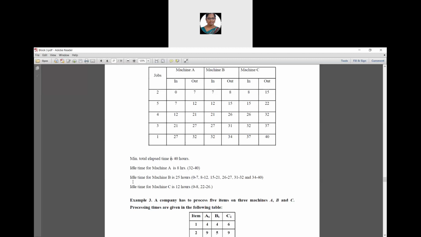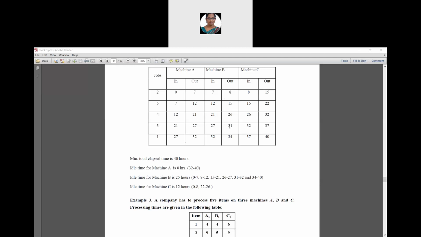Then the idle time for machine B. For that we have to find whether a difference is there or not. 15 and 8, a difference is there. 21 and 15, a difference is there. 27 and 26, a difference is there. 32 and 31, a difference is also there.